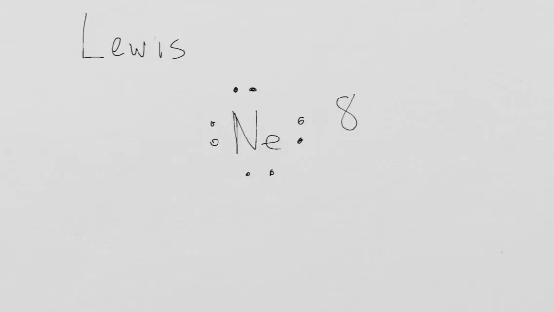If I give you something like aluminum, which group is it in? Check your periodic table. Aluminum is in group 13, but when we're looking at valence electrons, it's the Roman numeral 3 with the letter A. You put 1 on top, 1 on the side, 1 on the bottom, 1 on the other side, and you go back to the top.